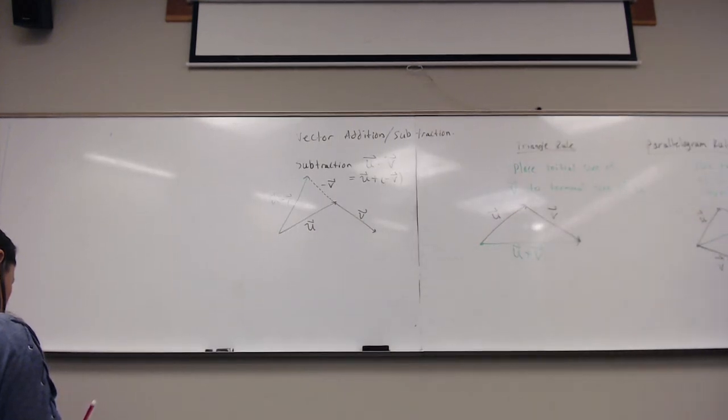So if you're doing u minus v, just draw the picture like you were going to add u and v together, change the direction on v, and then draw a vector from the initial side of u to the terminal side of minus v.